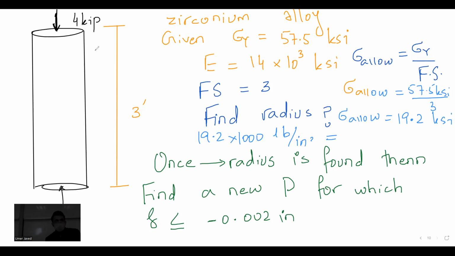What was the load, by the way? 4,000 kilopound. Now I will put LBF divided by area, which is pi r square. Done? So you do it and tell me. R equal to 0.258, right?